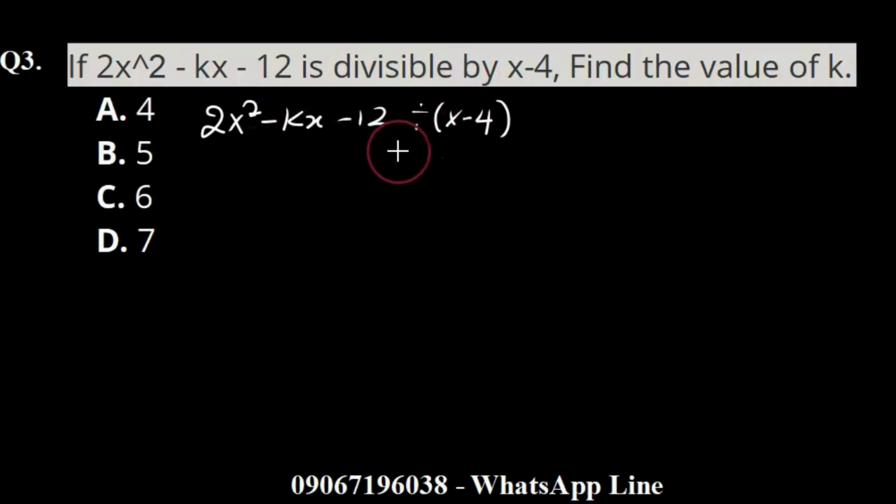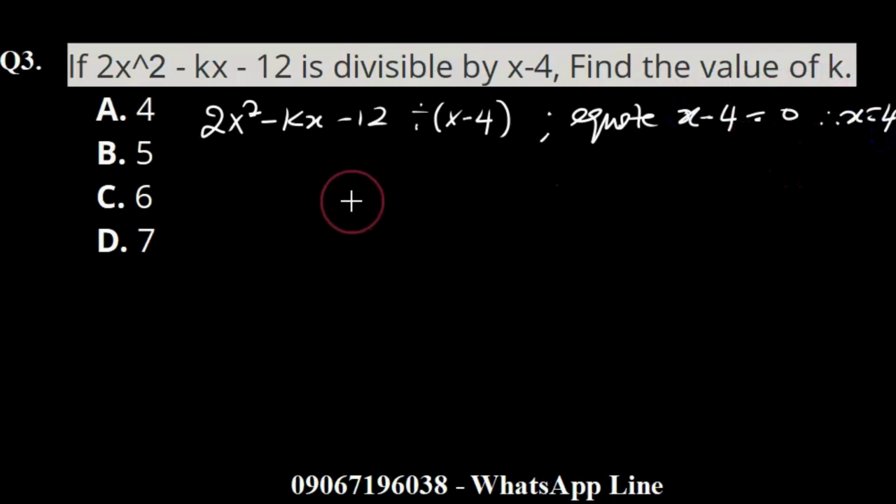Now what do we do here? To find k, we first equate x minus 4, which is one of the factors, to be 0. If we do that, we can see here that x will be equal to 4, all right?